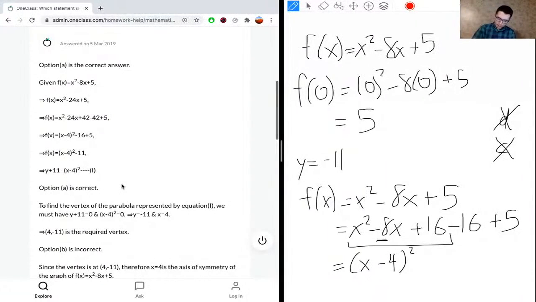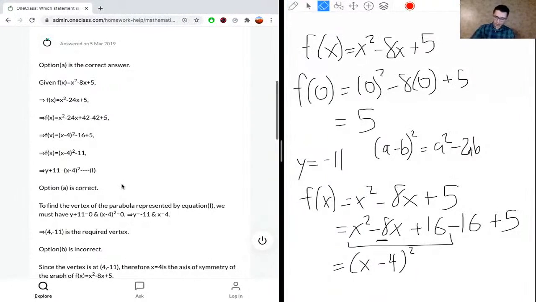So the standard formula for completing the square is a minus b squared is equal to a squared minus 2ab plus b squared. So here we can see negative 4 squared is 16.